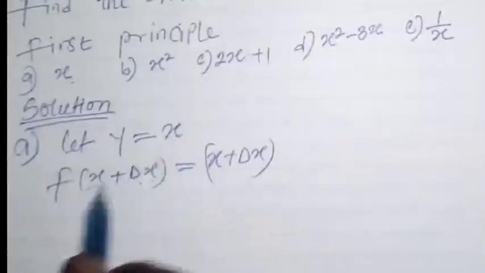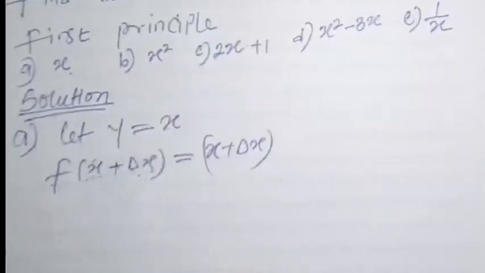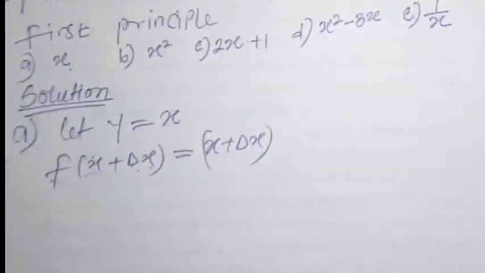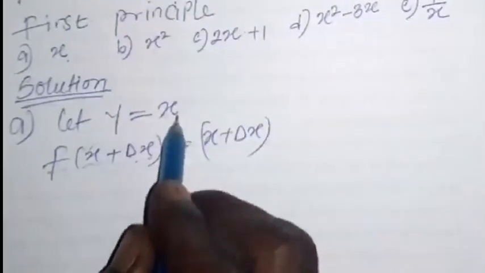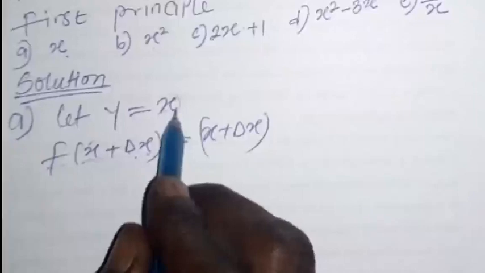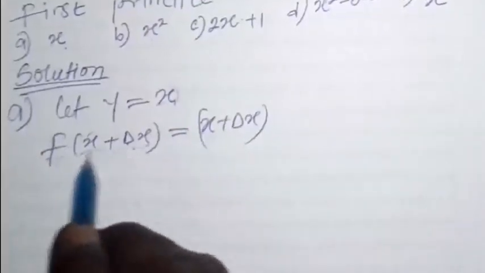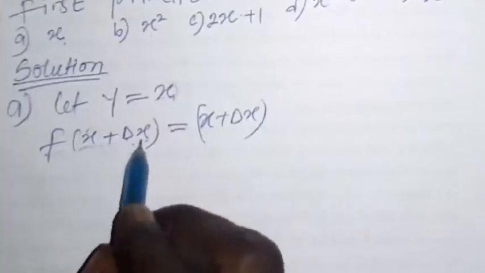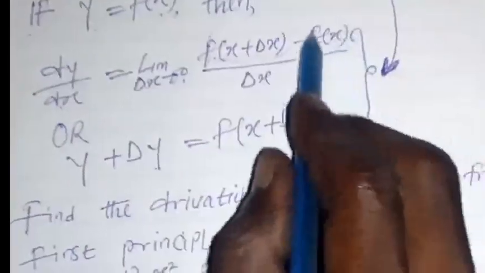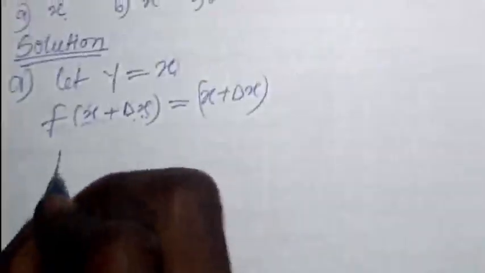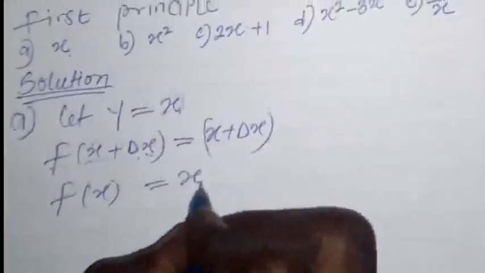Wherever you see x, when you come to evaluate this expression, you will just assume it to be this expression, meaning that in this function we have only x. Therefore x in the first part of the first principle is represented by x + delta x. Therefore this is our x. And also we are going to find what is f(x). f(x) is already given. f(x) is equal to x.